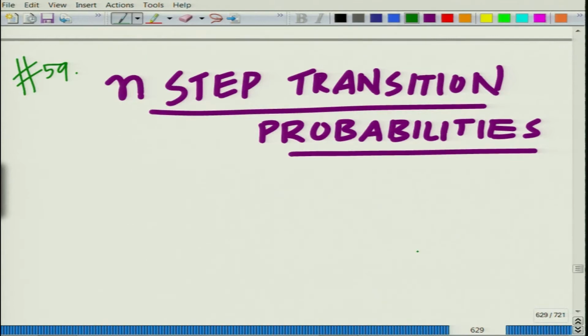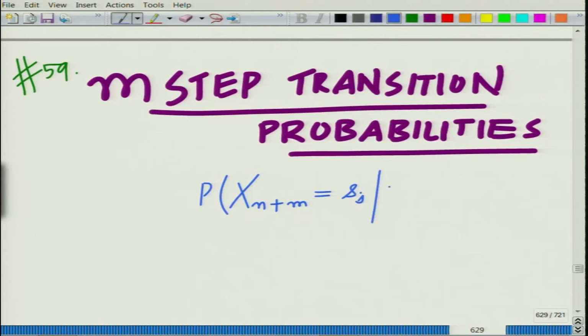DTMC. That is, we want to ask the question, or let us put it this way, let us say the m step transition probabilities, or we want to ask what is the probability X_{n+m} equal to S_j given X_n equal to S_i, that is, we are taking m steps, right.